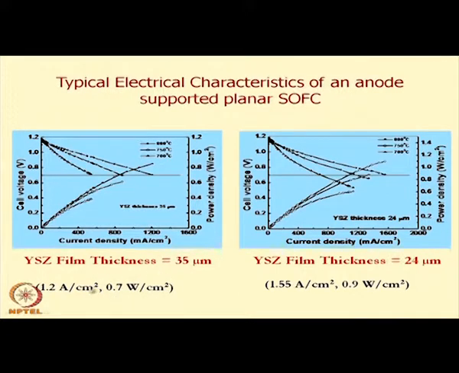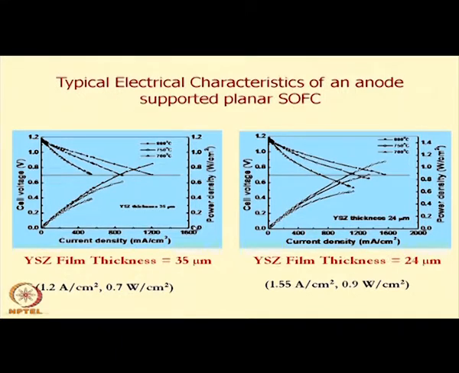If you just multiply the ampere by the voltage, you will get that. If you reduce the thickness of the electrolyte, which is a very important criterion of any fuel cell, there is a possibility of drawing a higher current, 1.55 amperes at that same voltage, and you get about 0.9 watt per centimeter square. That is the current density or power density one can expect from this kind of single cell.